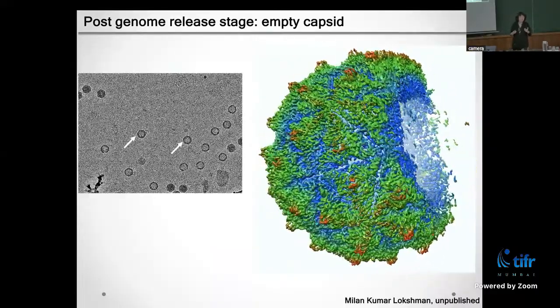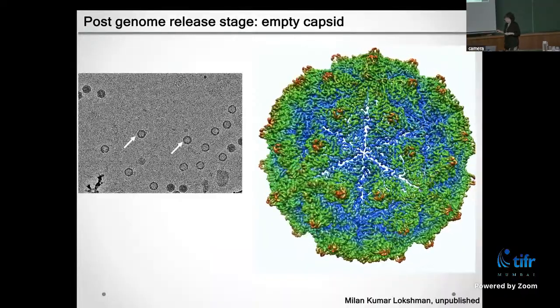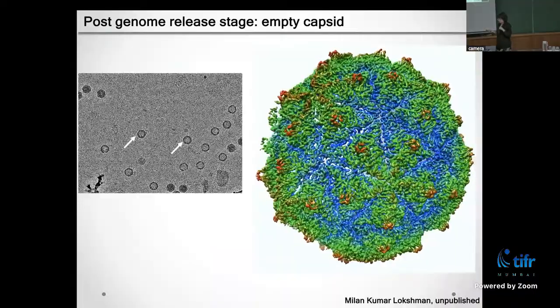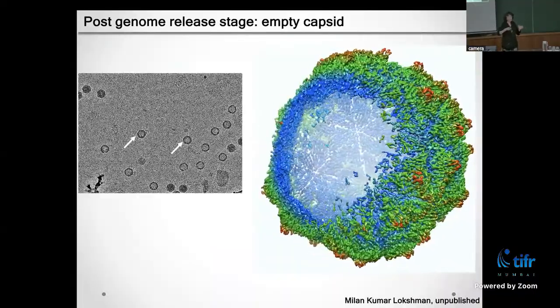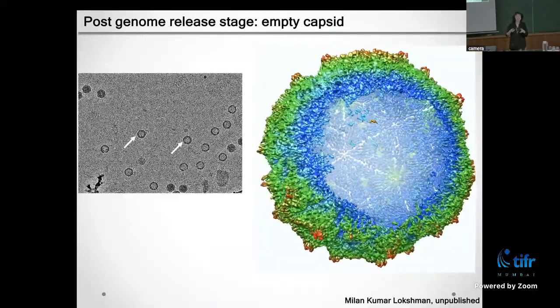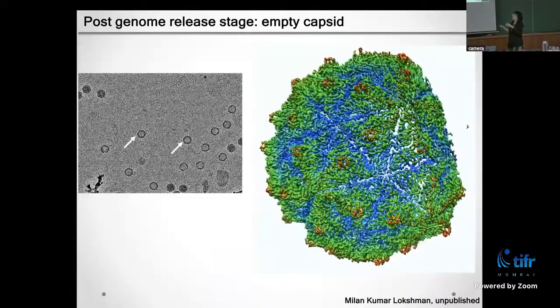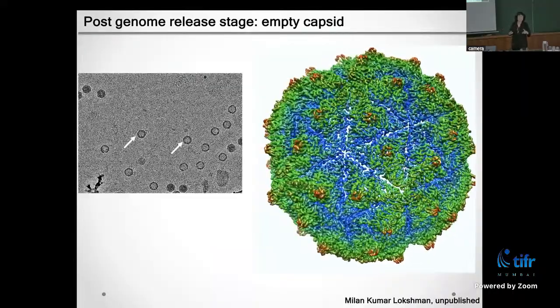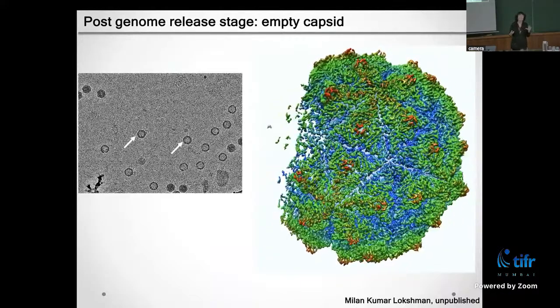We don't see any RNA density whatsoever in this particle. This was really interesting to us. So we have an early intermediate, kind of a mid intermediate where the particle is in the process of releasing the genome, and finally an empty particle where it has released the genome. I'm sure there are many states in between.